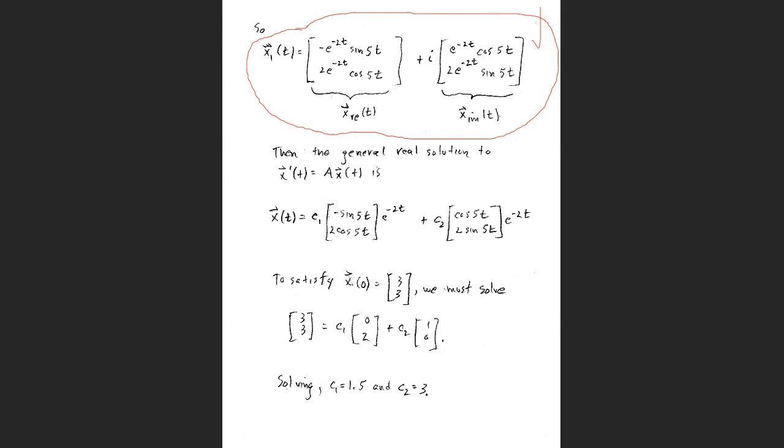All right, so look at what we have now. We have this x real of t vector, and we have this x imaginary of t vector.